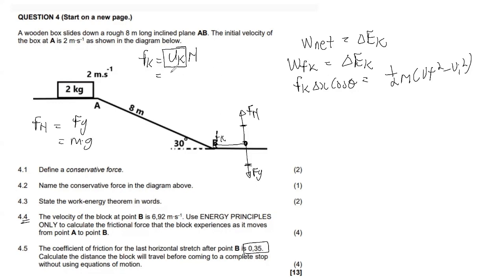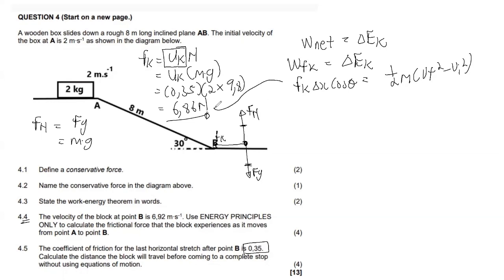So our mu K times M times G. This is 0.35, our mass is 2, and our gravitational acceleration is 9.8. If we multiply these, this will give us a value of 6.86 newtons. So now we have the value of Fk.